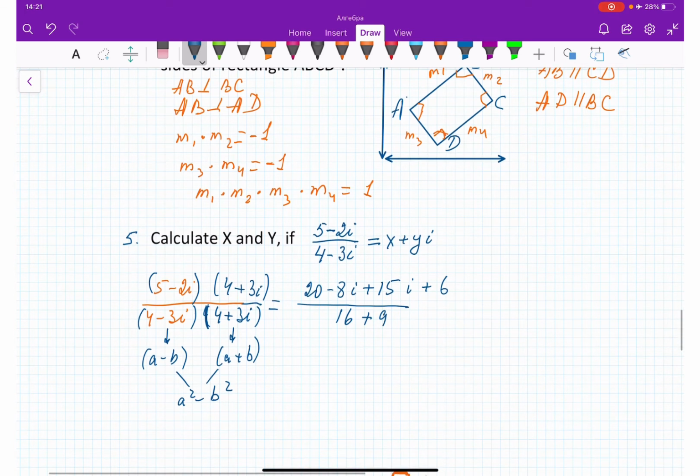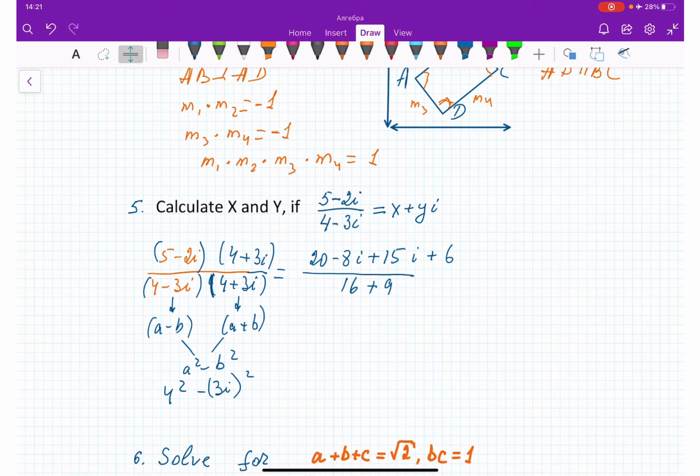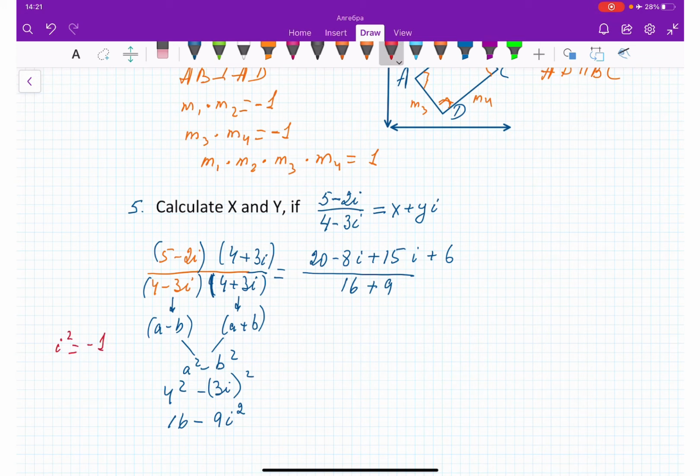My A is 4 squared, and B is 3i squared. Let me go down. Here, this is going to be 16, and minus 3 squared is 9, and i squared is equal to negative 1, which means we will end up with 16 plus 9.